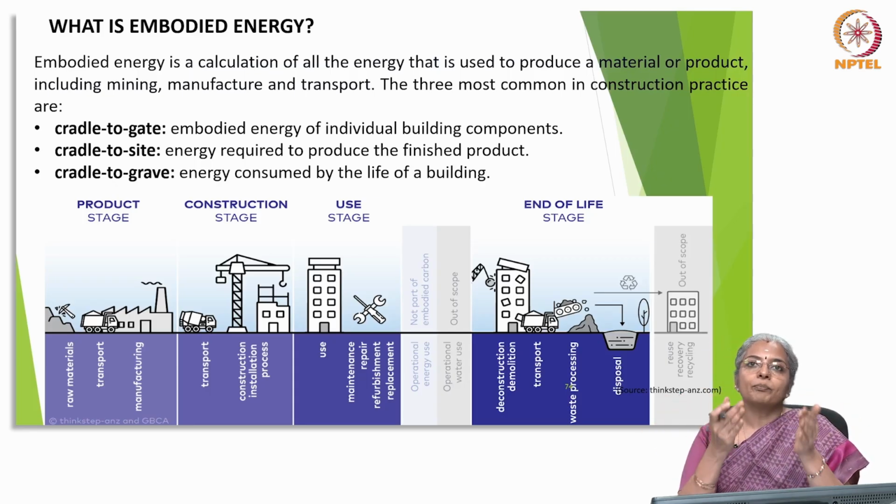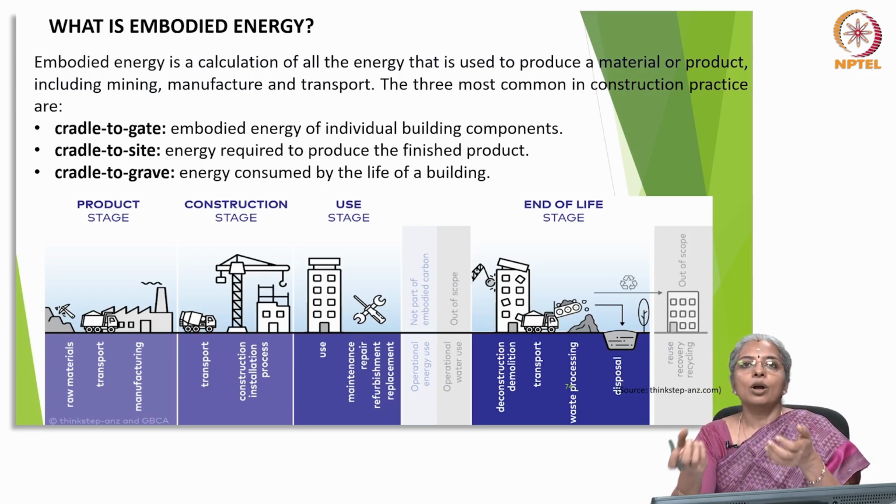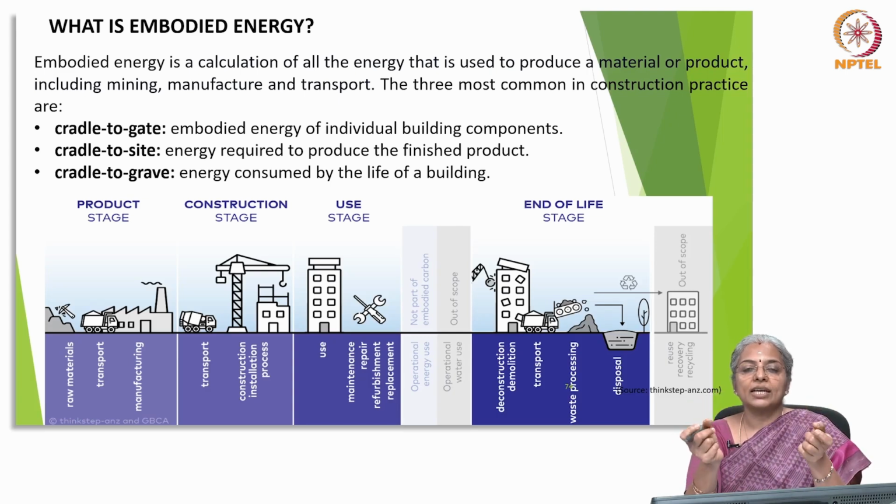For example, if a tap gets damaged or is leaky, you have the choice to completely replace the tap or replace only that particular part which is causing the leak. Based on your choice, the recurring embodied energy can be high or low.